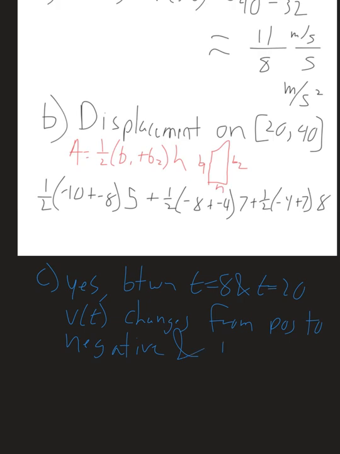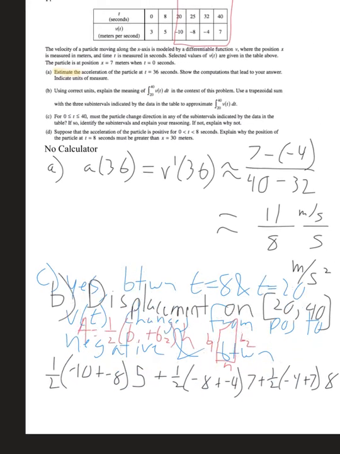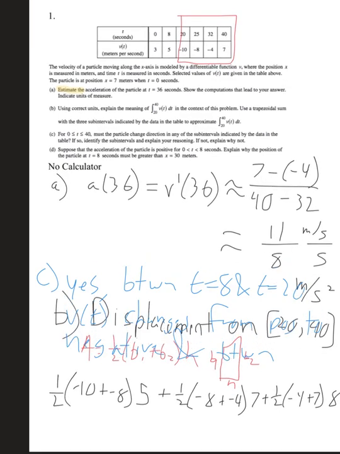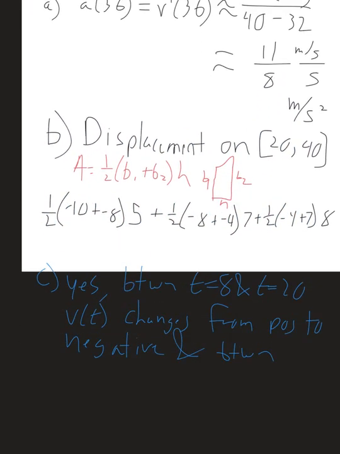And between, what was my other interval where we changed from negative to positive? Between 32 and 40, we change from negative to positive.